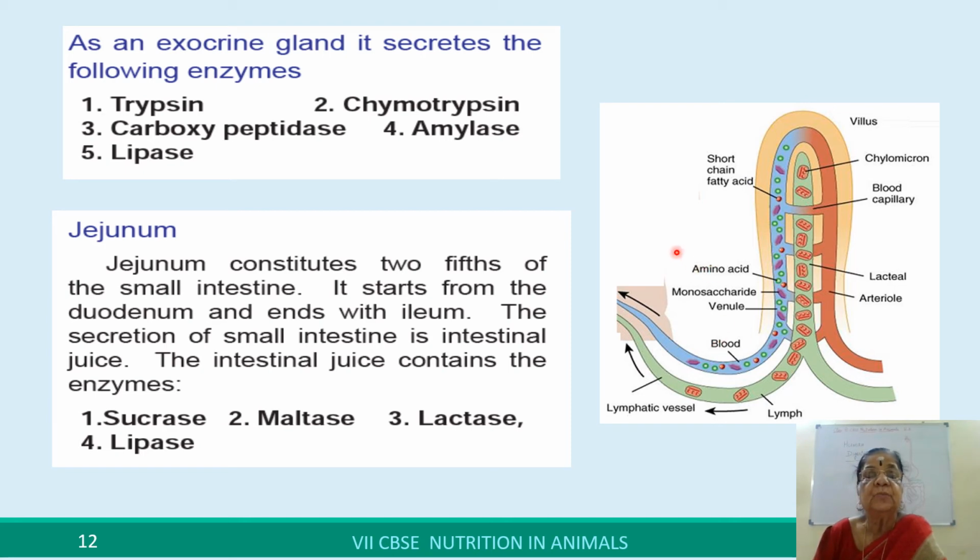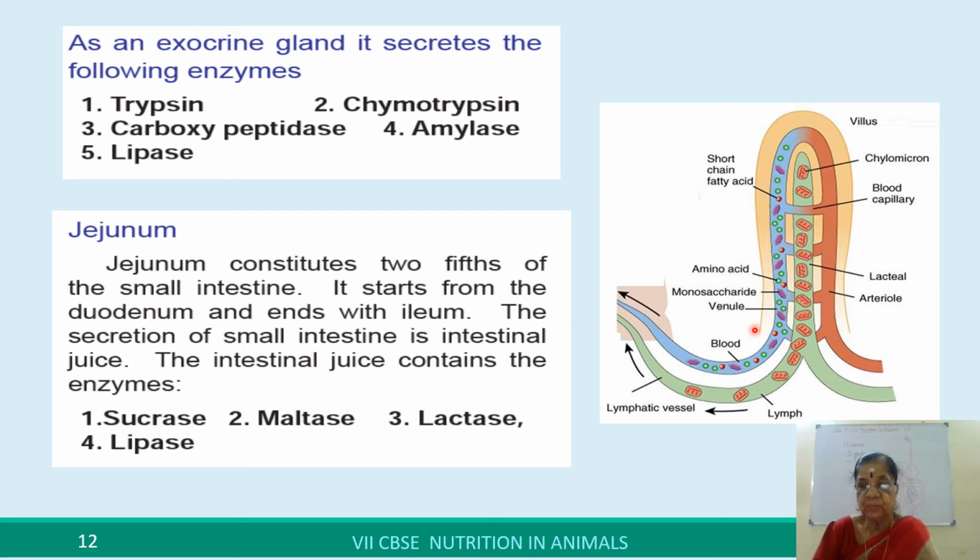There are small projections on the small intestine. They are nothing but blood capillaries, along with the lacteal. The lacteal is a structure that absorbs lymph.